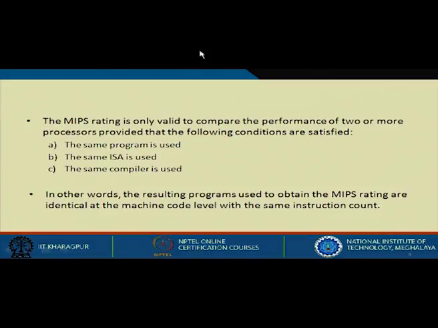What are the factors? First, the same program is used, the same instruction set architecture is used, the set of instructions should be the same, and the same compiler is used.